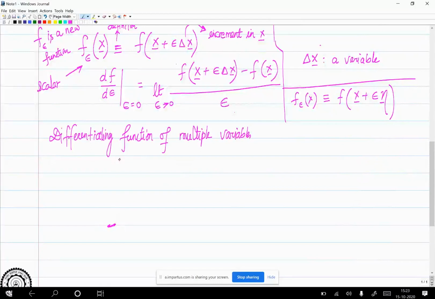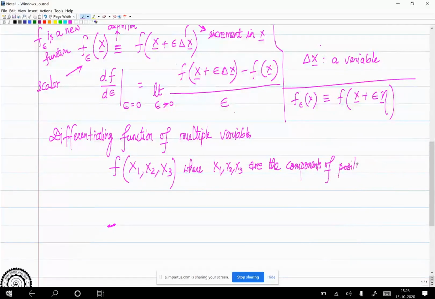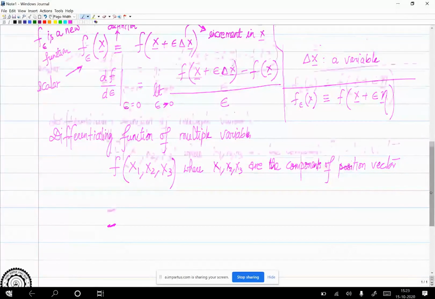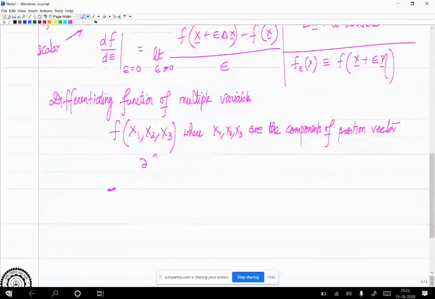So for example, if you have a function f of x1, x2, x3, where x1, x2, x3 are basically the three components of the position vector, then you can think of del f by del x1, you can think of del f by del x2, you have del f by del x3, right? I think you all are aware of these partial derivatives.